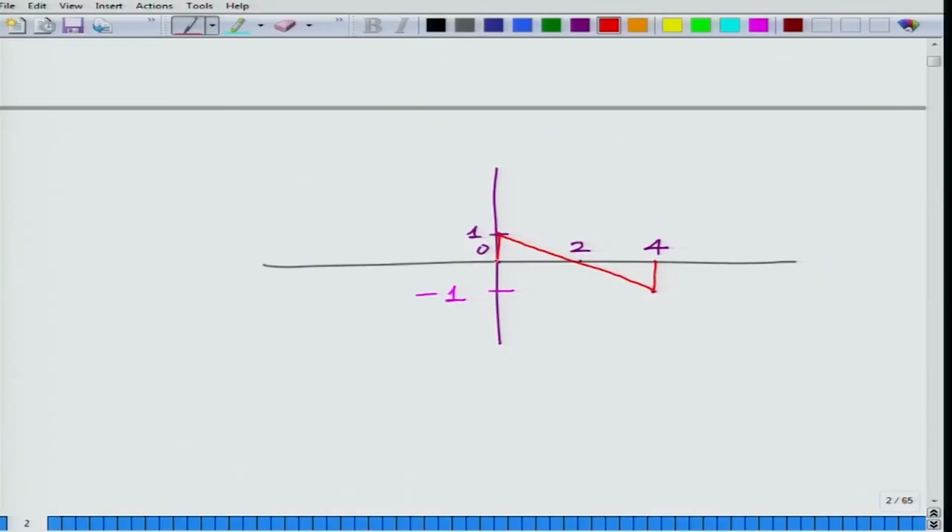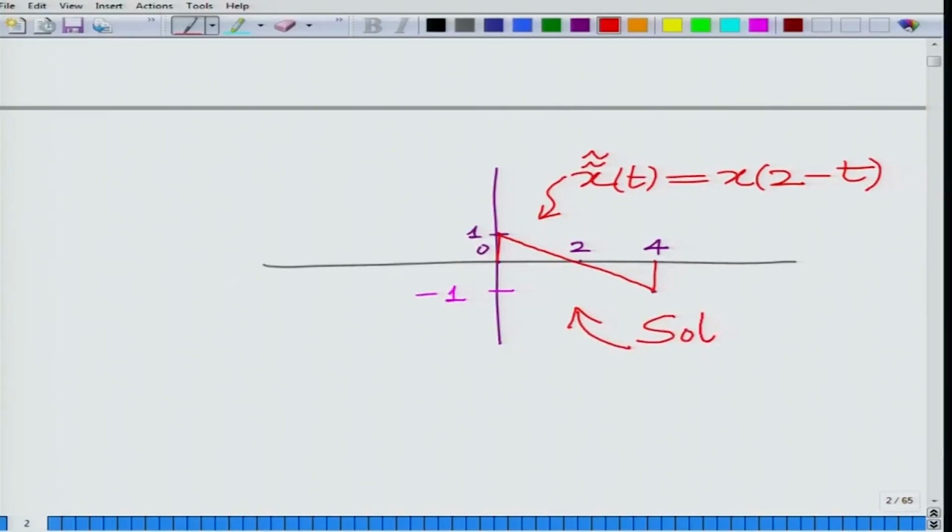This is your x double tilde t, which is equal to x of 2 minus t. So this is basically the final answer or the solution.